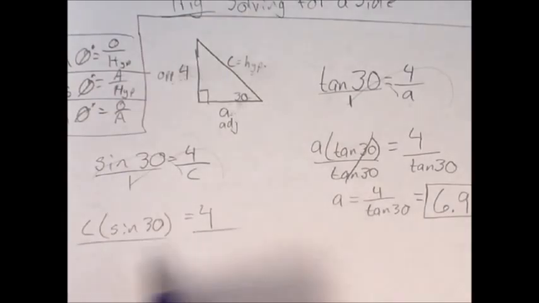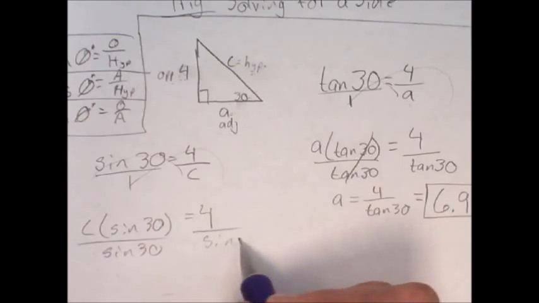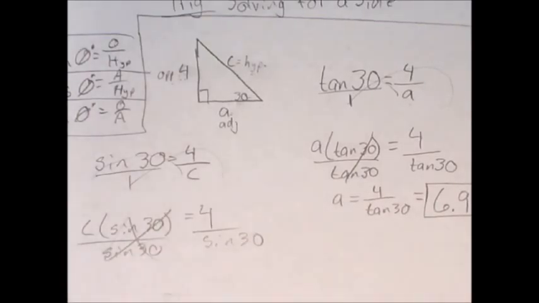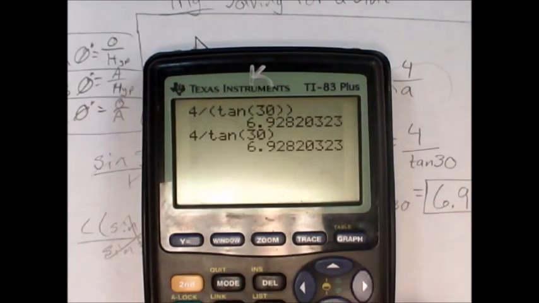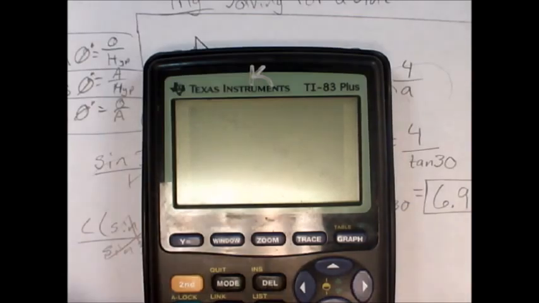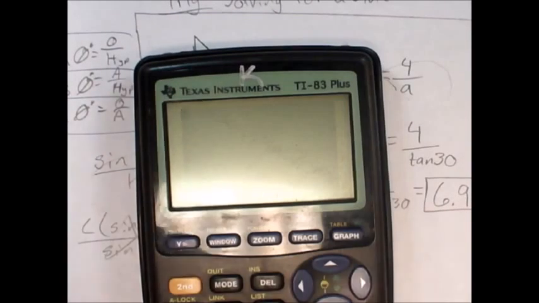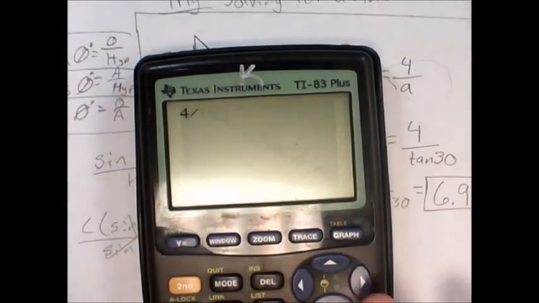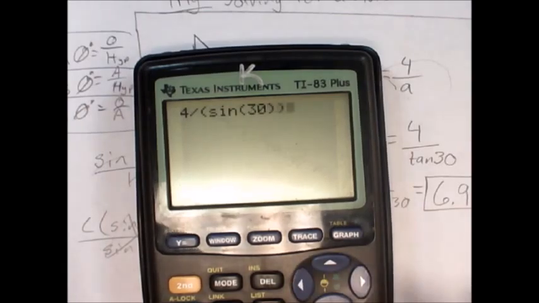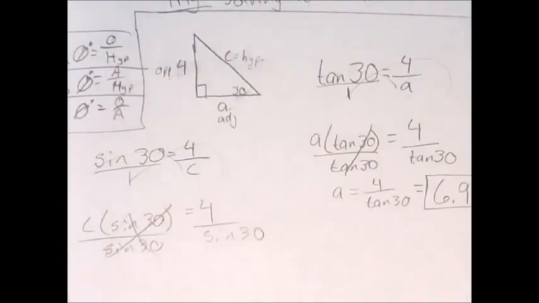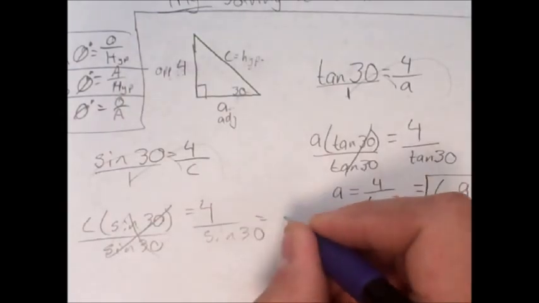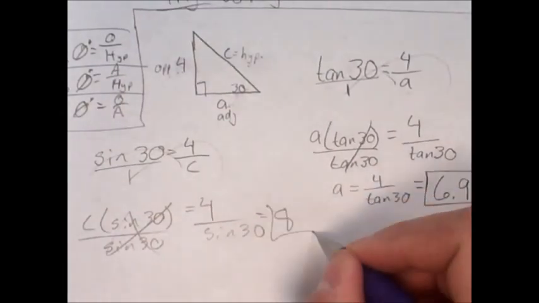I divide sine of 30 on both sides. Then I can use my calculator. 4 divided by sine of 30 gives us 8. That's a much nicer number than the last one was. So this equals 8, and that would be the final answer for C.